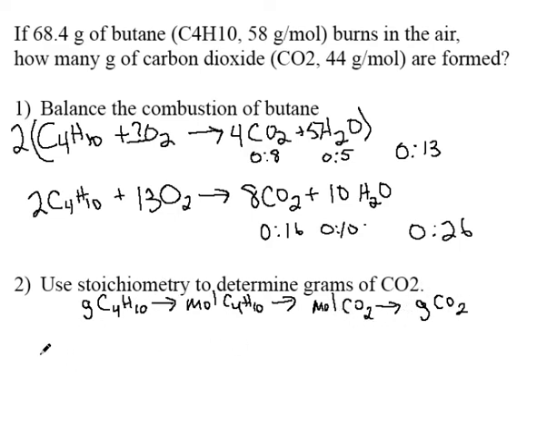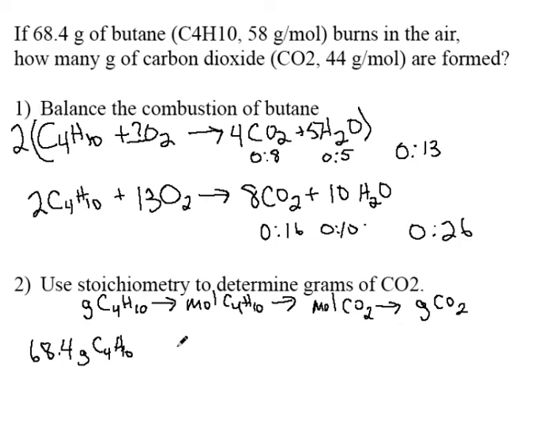Let's start with what we have, which is 68.4 grams of butane. We're going to do a conversion from grams to moles, which means we want this in moles of butane.